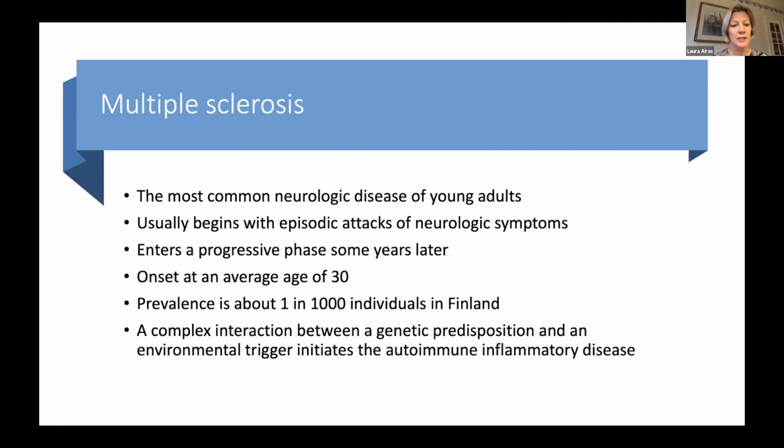The onset of the disease is on average at age 30, and the prevalence in Europe is about 1 in 1,000. We don't know exactly what causes MS, but a complex interaction between a genetic predisposition and an environmental trigger is thought to initiate the autoimmune inflammatory attacks.